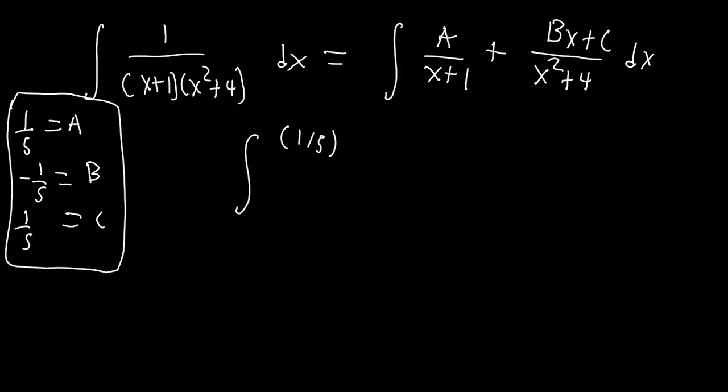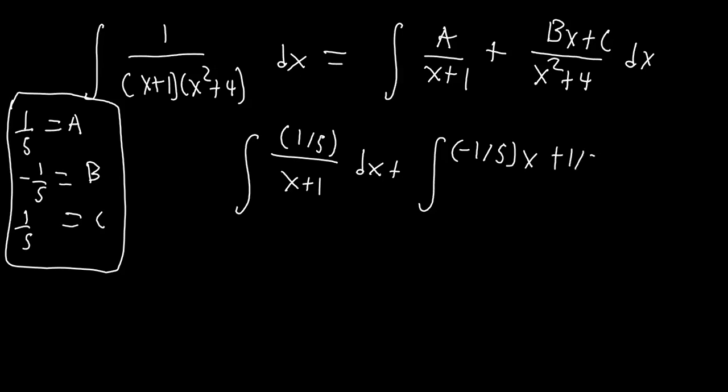So 1 over 5 over x plus 1 d of x plus the integral of negative 1 over 5 x plus 1 plus 5 over x squared plus 4.